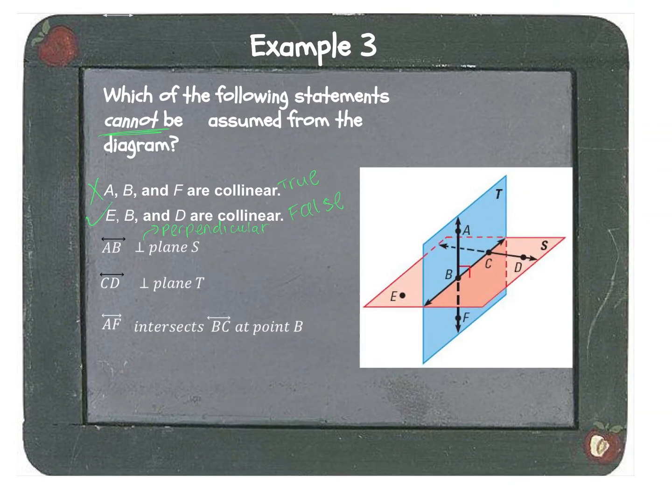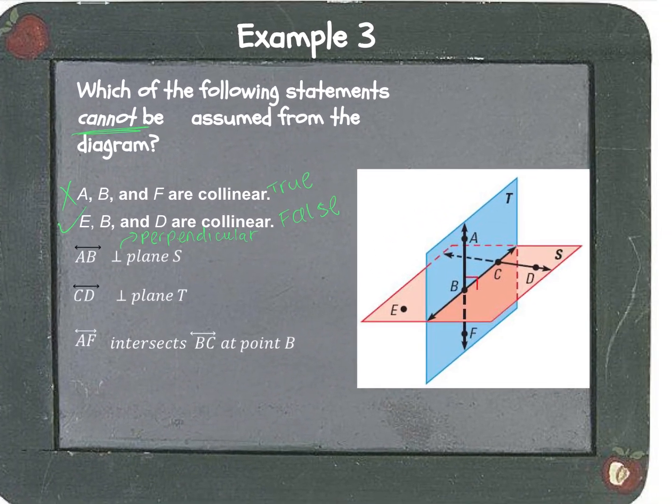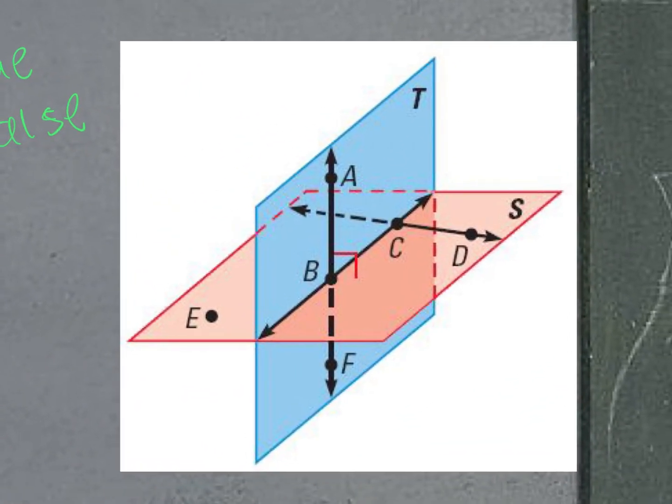So, is AB perpendicular to the plane S? AB is this line. Do you guys agree? Is it perpendicular to this plane? Yes, it is.